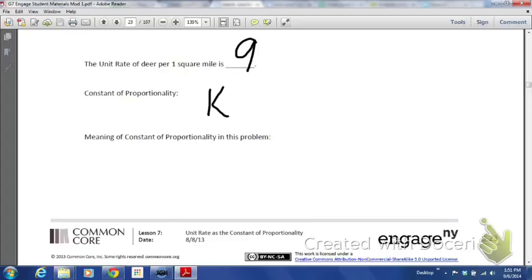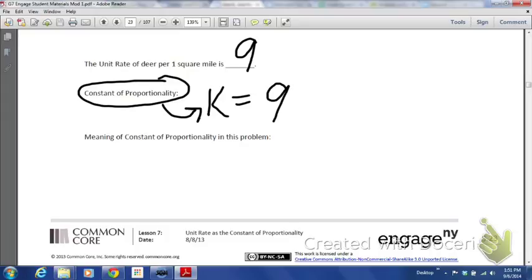Now k is going to be our symbol for this idea of constant of proportionality, and in this case k equals 9. So constant of proportionality is synonymous with k, and unit rate is the same as this constant of proportionality. Now the meaning of constant of proportionality in this problem is that there are 9 deer for every 1 square mile of forest.